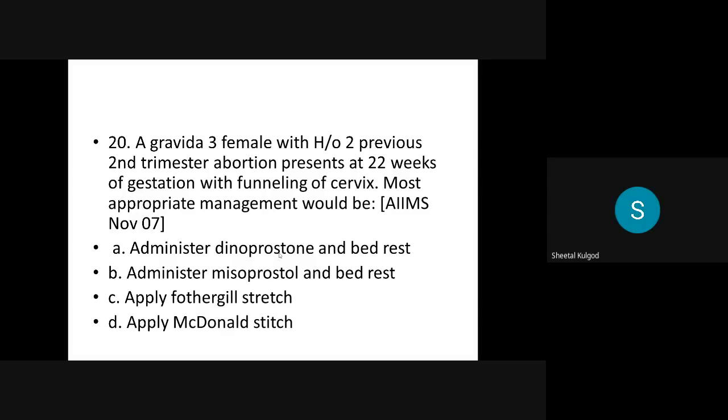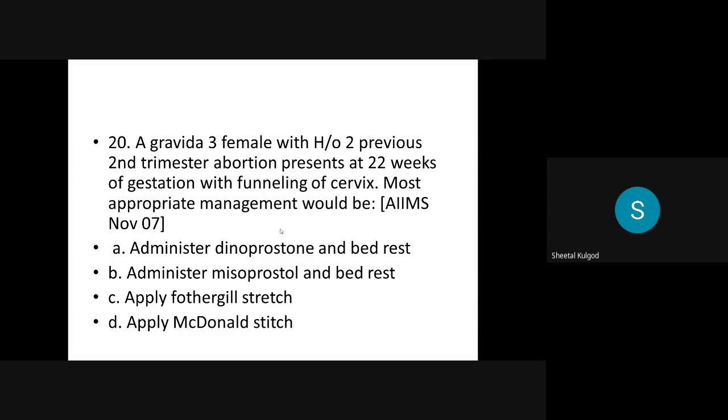Bed rest and dinoprostone, misoprostol don't go hand in hand. Now, there are two thoughts of management here. Either you want to terminate it, it is an inevitable abortion where you cannot hold on to the pregnancy and you have to terminate, or you can still salvage the pregnancy with some emergency procedures. Is it not so in this case?